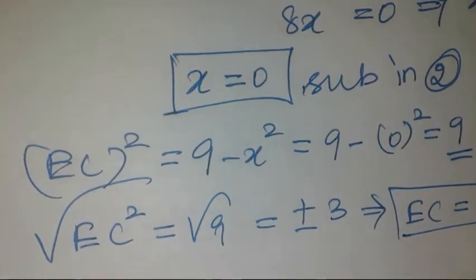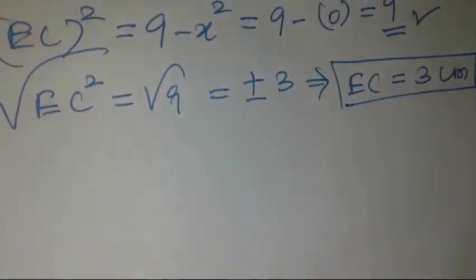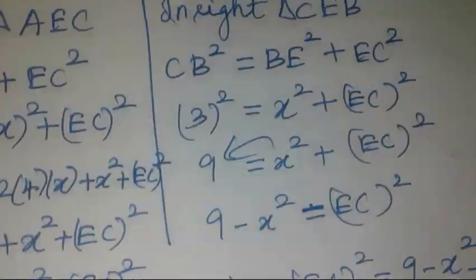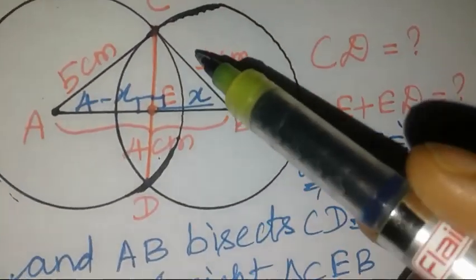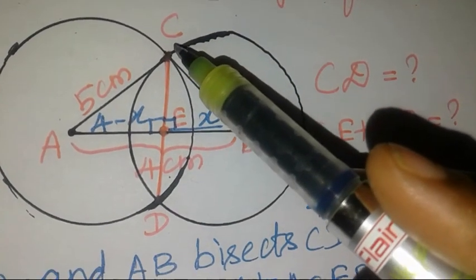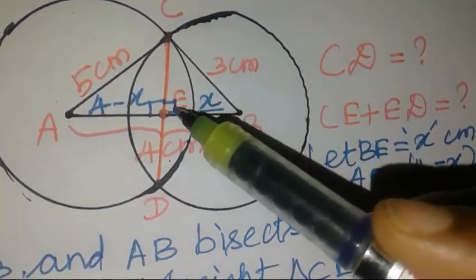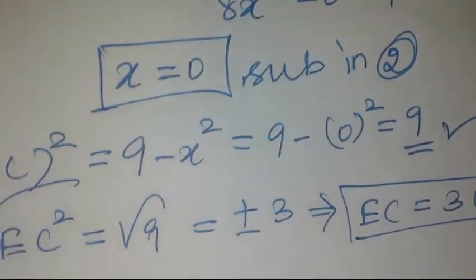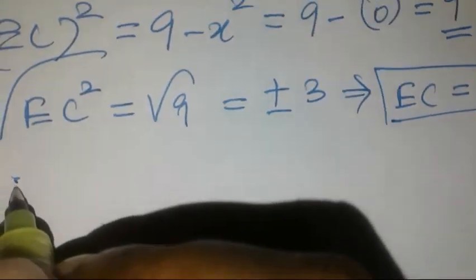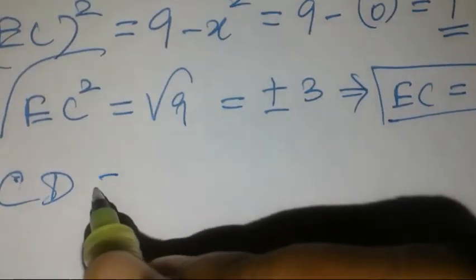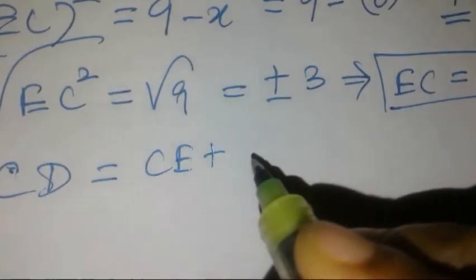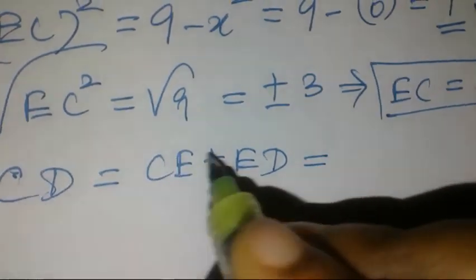What is needed, children? Here CD is needed, the length of the common chord. CD is CE plus ED. They are bisected, so they are both equal.